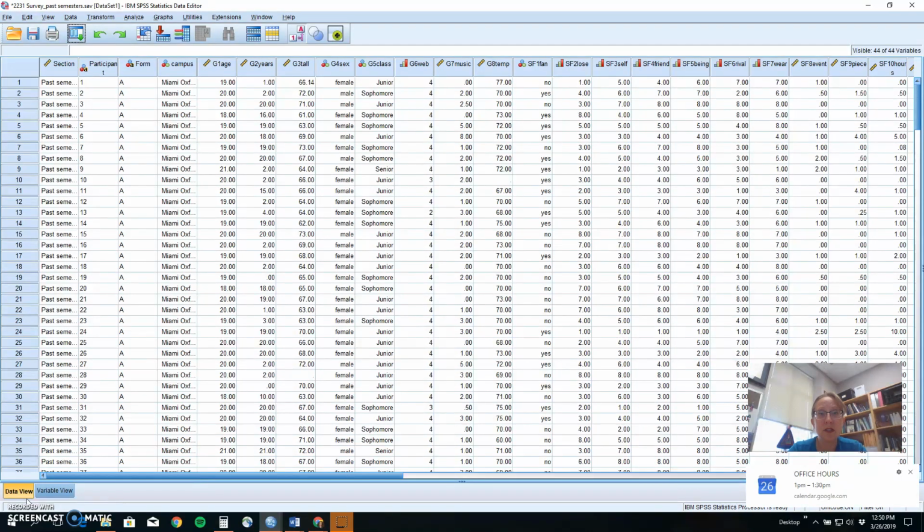ANOVA also assumes, in addition to the independence between people, if we're doing a between subjects, that the data for each group are approximately normally distributed and homogeneous, and we will look to see whether they have varied across the different groups. Random sampling and assignment is also assumed, although sometimes we have to violate this test if we can't get a truly random sample. We may need to go with a convenience sample.